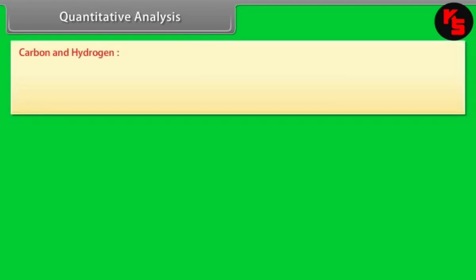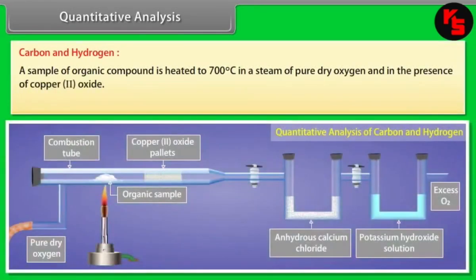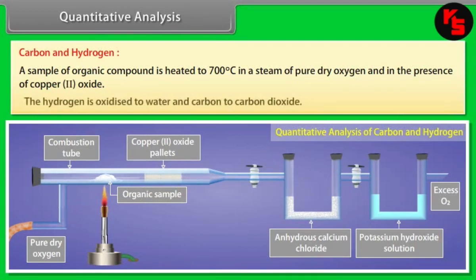Quantitative analysis. Carbon and hydrogen. A sample of organic compound is heated to 700 degrees Celsius in a stream of pure dry oxygen and in the presence of copper(II) oxide. The hydrogen is oxidized to water and carbon to carbon dioxide.